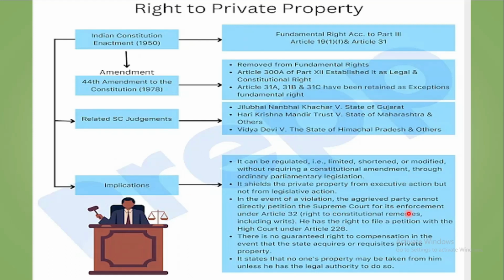In the event of a violation, the party cannot directly go to the Supreme Court under Article 32 for enforcement of fundamental rights, but the party can go to the High Court under Article 226. There is also no guarantee of the right to compensation; it may or may not be received. And it states that no one's property may be taken from him or her unless there is legal authority to do so. So a proper due process is needed for this.